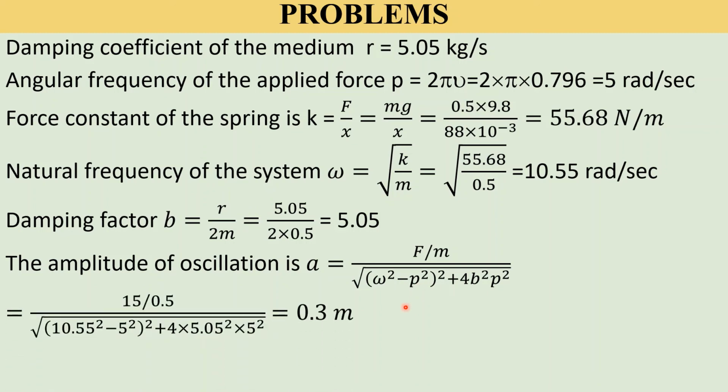So substitute the amplitude of the periodic force, F is equal to 15, mass suspended 500 grams, that is 0.5, divided by square root of omega, that is 10.55, minus 5, the P, that is the angular frequency of the applied periodic force, whole square, plus 4 into b squared, b is 5.05, into P squared, P is 5, so 5 squared.